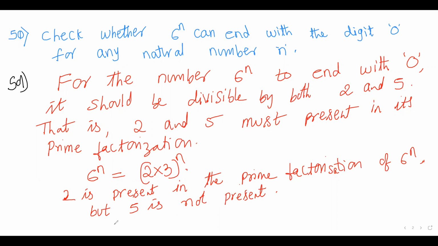So 2 is present, but 5 is not present. I already told that in the prime factorization, 2 and 5 must be present.